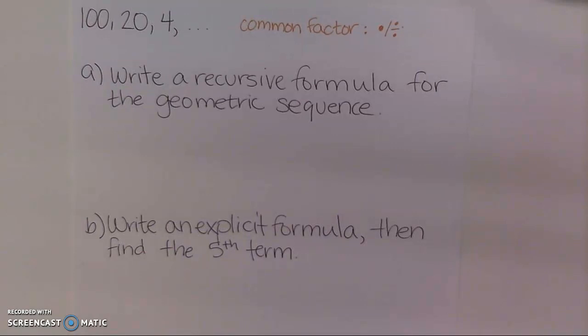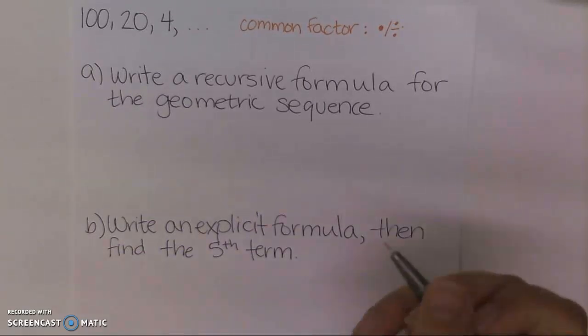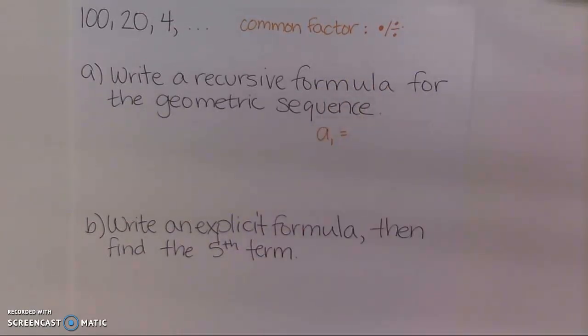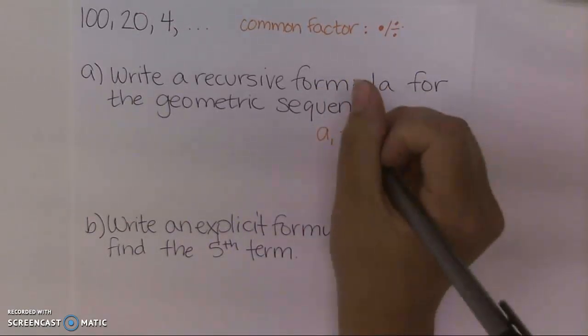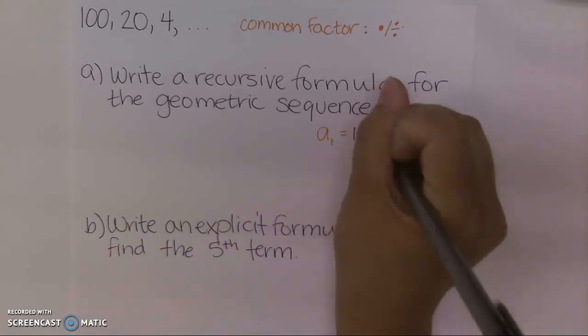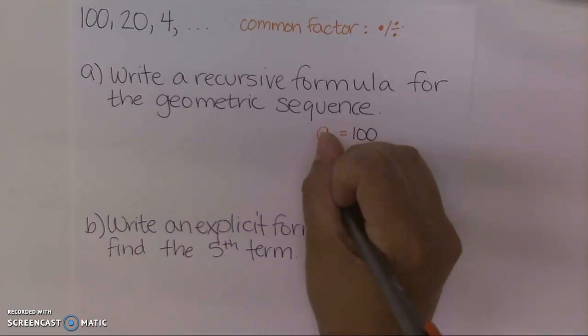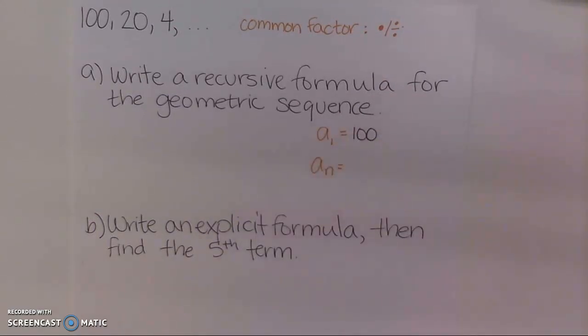So if we're looking at this first sequence, 100, 20, 4, and it wants us to write a recursive formula for the first part, a recursive formula always starts by listing our first term. So the first term, or a sub 1, is 100. With a recursive formula, the second part is identifying what the nth term will be.